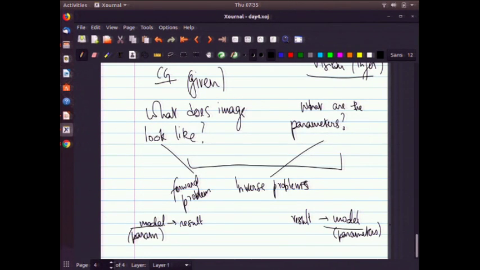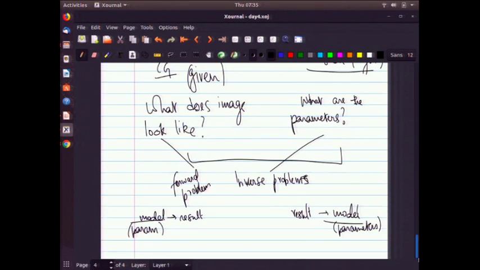Because here we know the parameters. So if we generate 1 million images with known parameters, and feed them to some deep network to learn something about it, can we then use the learned information, given a new result, to arrive at the parameters of the model? Okay? And this is called inverse graphics.